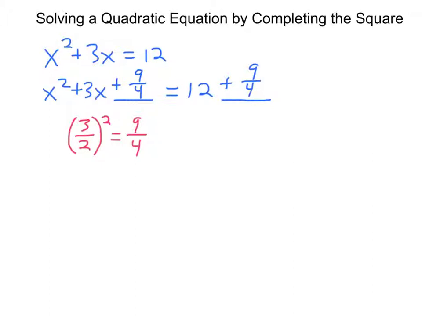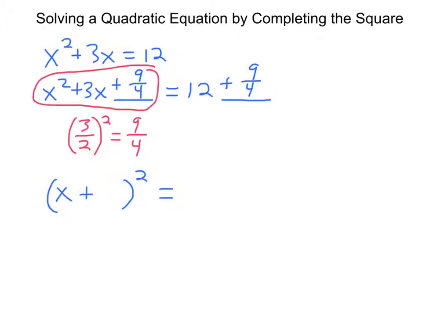Now this left side of the equation is guaranteed to factor into the square of some binomial. And the reason we know that is because we've made it into a perfect square trinomial. It's going to start with an x, and then in this case it's going to be plus 3 over 2. So x plus 3 over 2 quantity squared.